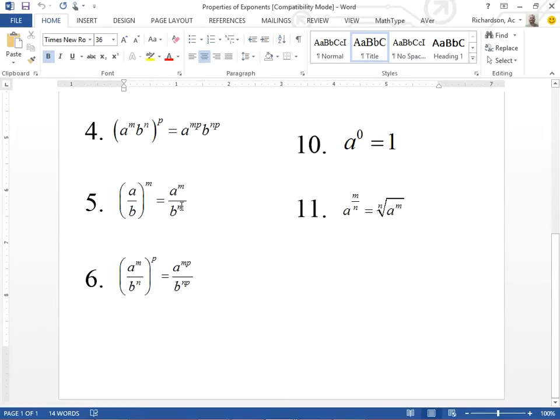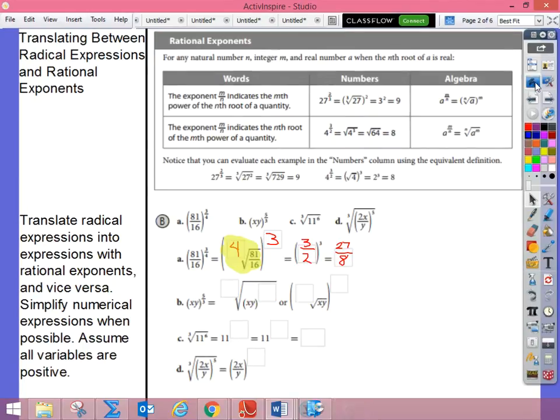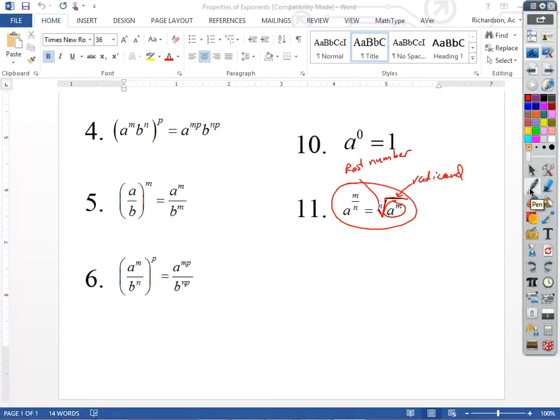Which is basically what we did, because on that last problem, the last step, we had 3 over 2 to the 3rd power. Well, that meant we needed to do 3 to the 3rd power over 2 to the 3rd power, and that gave us the 27 over 8 when we took both those to the 3rd power.